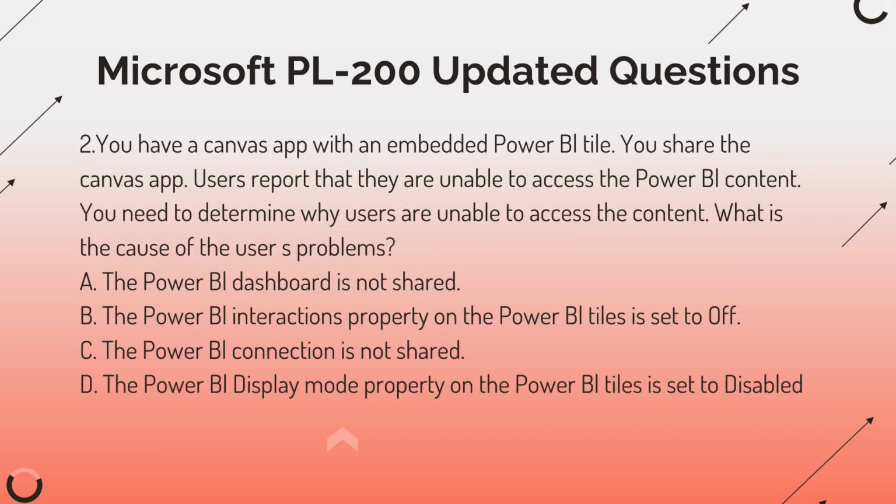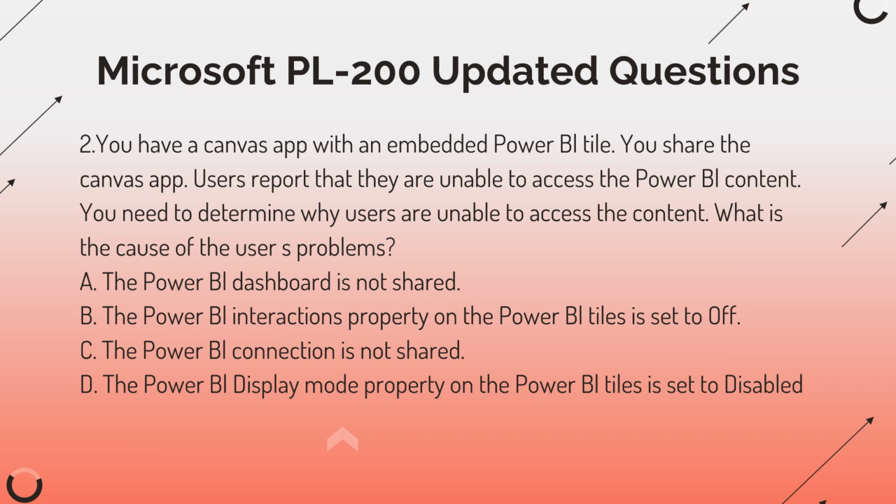2. You have a Canvas app with an embedded Power BI tile. You share the Canvas app. Users report that they are unable to access the Power BI content. You need to determine why users are unable to access the content. What is the cause of the users' problems?